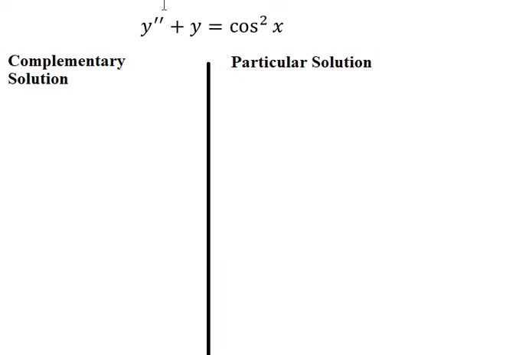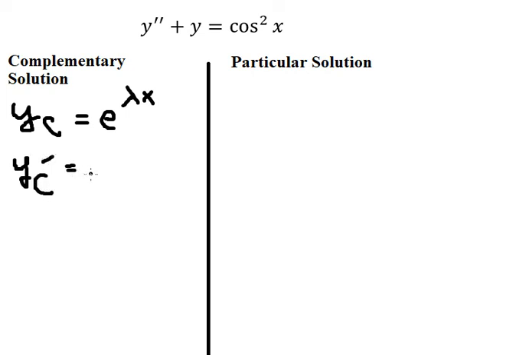So for the first one, I will put yc equals e to the power of lambda s. Later we do the first derivative of yc, and we have lambda e to the power of lambda s. If we do the first derivative of this, we keep the same e to the power of lambda s.